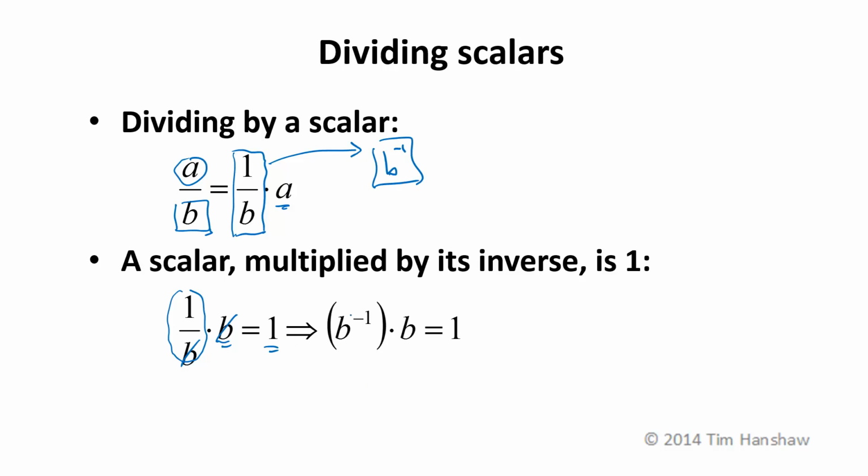Terminology for 1 over B is just B inverse, so B inverse times B is equal to 1. Solving systems of equations requires us to take the inverse of a matrix, which I'll talk about next.